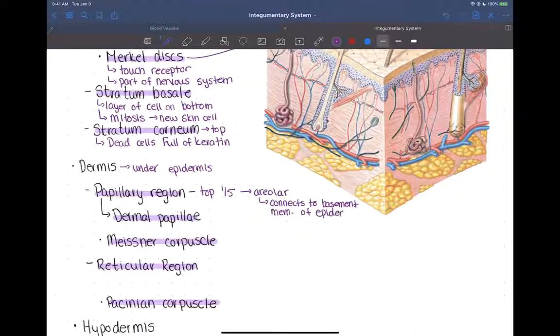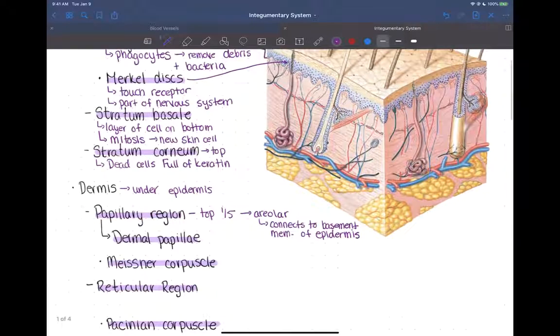With that papillary layer, it contains these dermal papillae, and you're going to see the word papillae throughout A and P. The term papillae means a projection, often referred to as a nipple-like projection. If we look here, this papillary layer is very wavy like this. All of these little waves would be one dermal papillae, this would be another, that would be another.